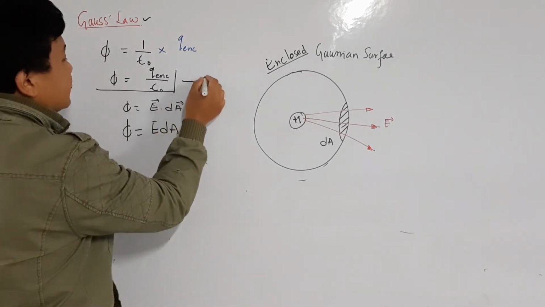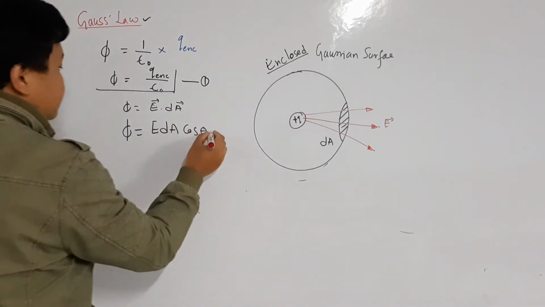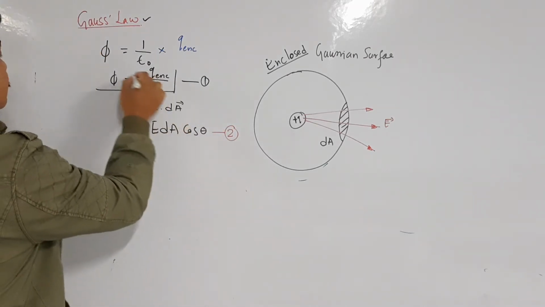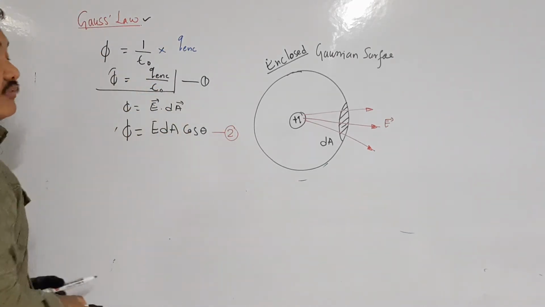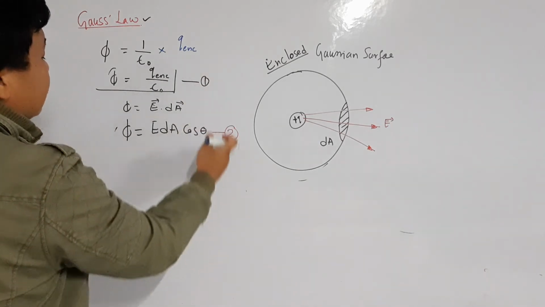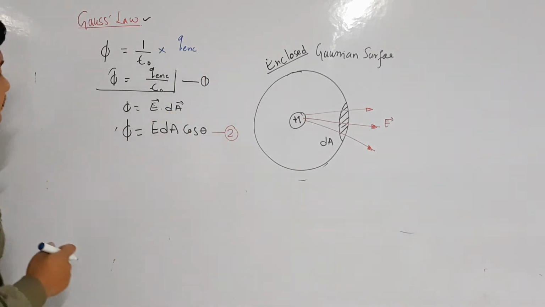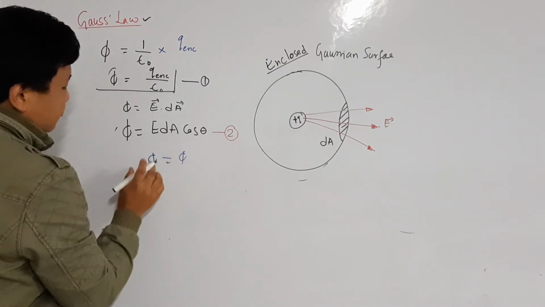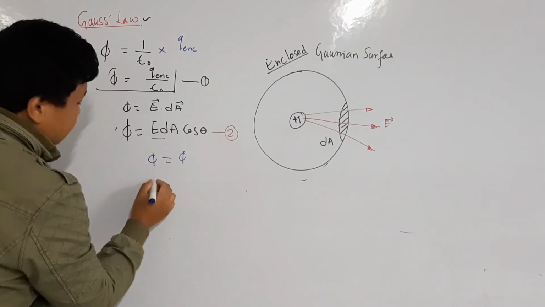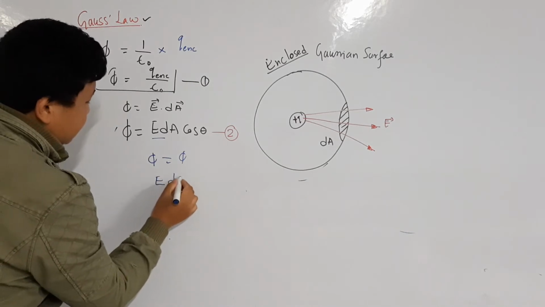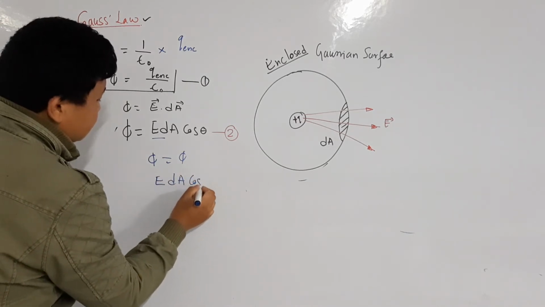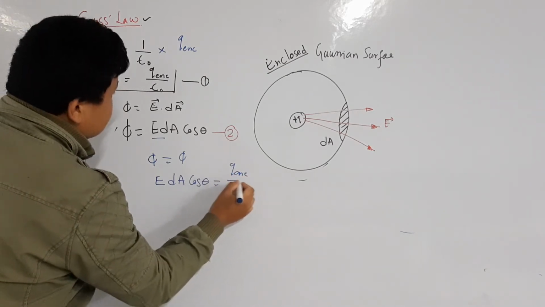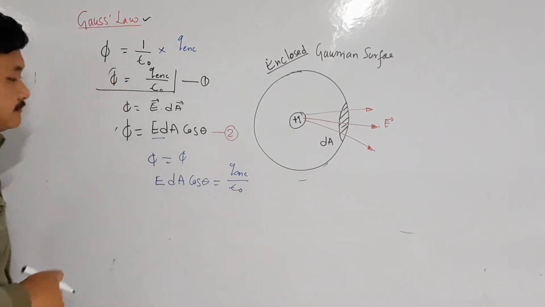If I consider this as equation number 1 and this as equation number 2, then this is also my phi and this is also my phi. So let me equate these two equations. I get E dA cos theta is equal to Q enclosed by epsilon naught.